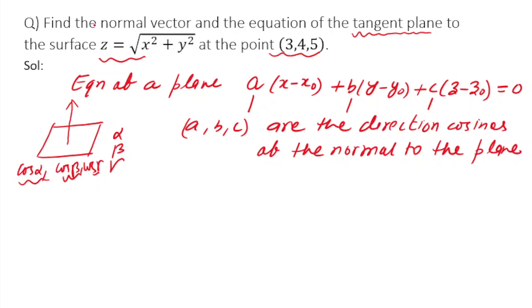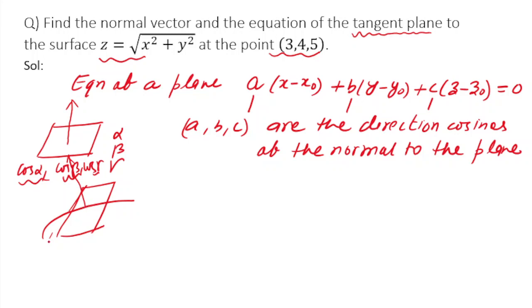They are asking us to find the normal vector and the equation of the tangent plane to the surface. There is a surface here, and on that surface I have to find a tangent plane. If I find the normal to the surface, that normal will also be normal to the tangent plane.